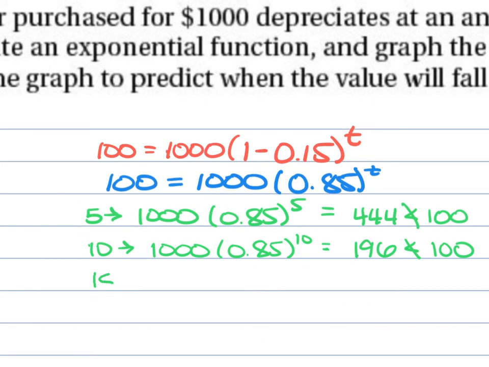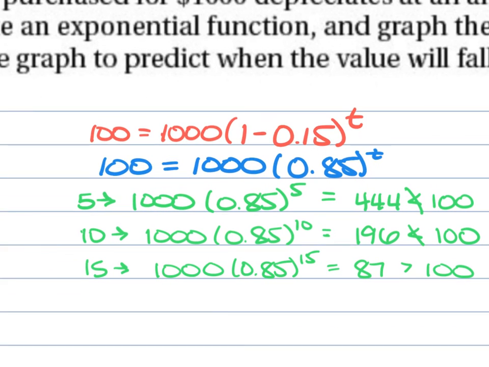If we try 15, we have 1,000 times 0.85 to the power of 15. That's going to give us 87. 87 is less than 100, but we want to make sure that that's the closest that it possibly can be. So let's just try the year before it.